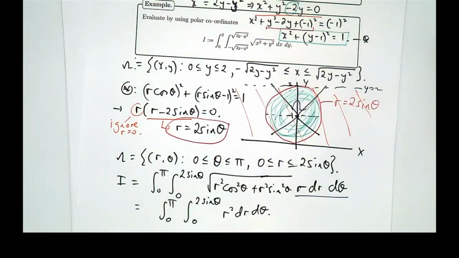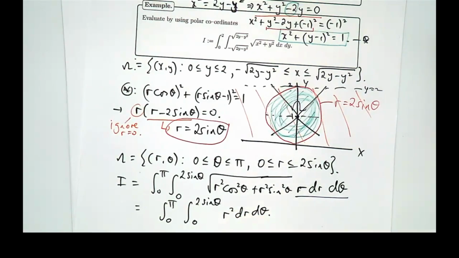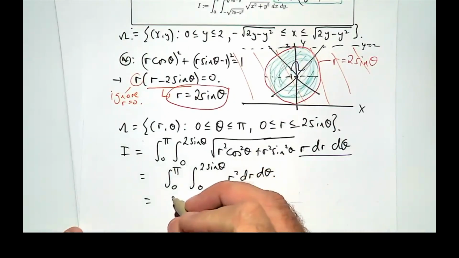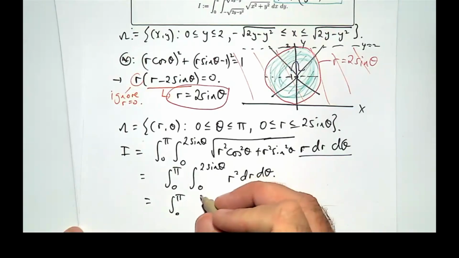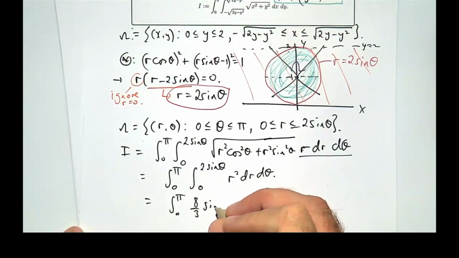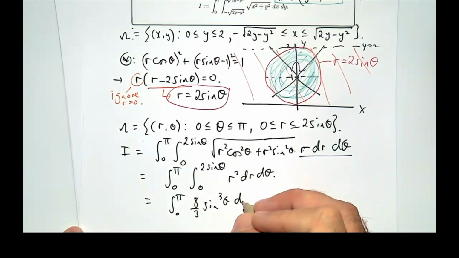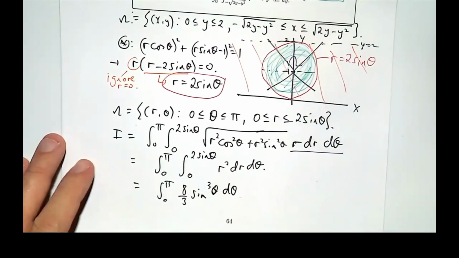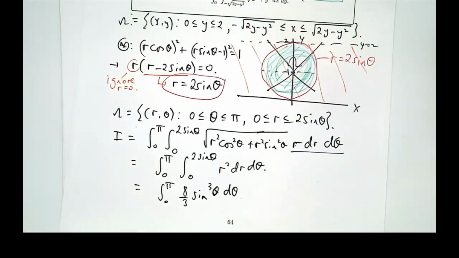This is going to become 1/3 r cubed. So if you do the first integral, according to my calcs, you'll get something like this. And now, it's just a matter of integrating that.